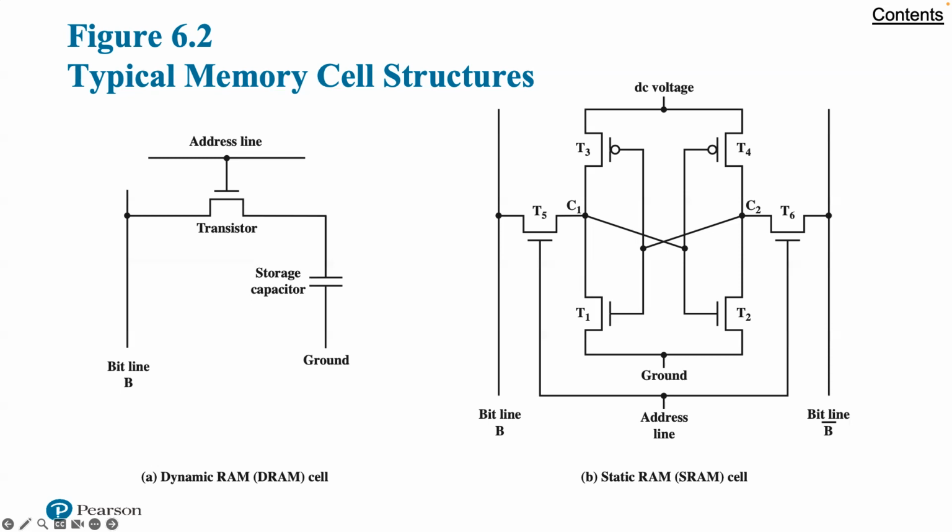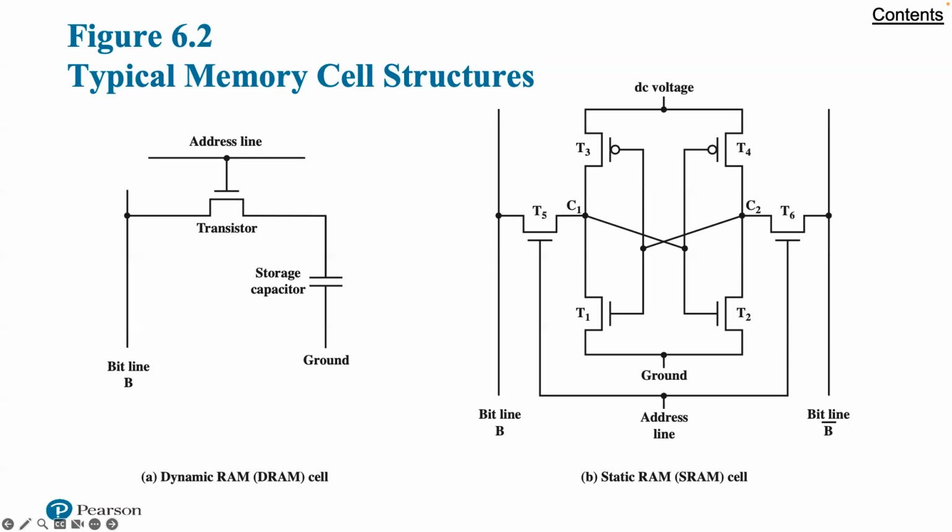For the read operation, when the address line is selected, the transistor turns on and the charge stored on the capacitor is fed out onto a bit line and into a sense amplifier. The sense amplifier compares the capacitor voltage to a reference value and determines if the cell contains a logic 1 or a logic 0. The readout from the cell discharges the capacitor, which must be restored to complete the operation.